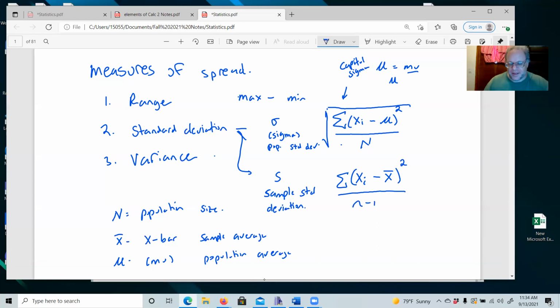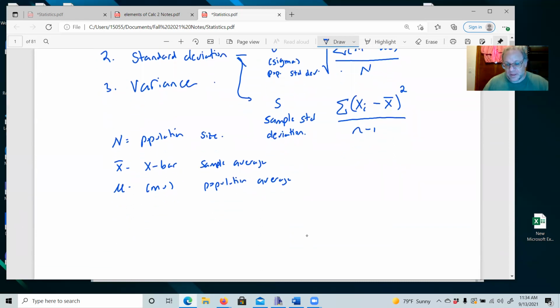If we divide by n, we actually make this a little bit too small, because we're dividing by a bigger number. We divide something by 10 versus dividing it by 9. Dividing it by 9 is going to be a slightly larger thing. For example, if I divide 90 by 10, I get 9. If I divide 90 by 9, n minus 1, we would have a value of 10.